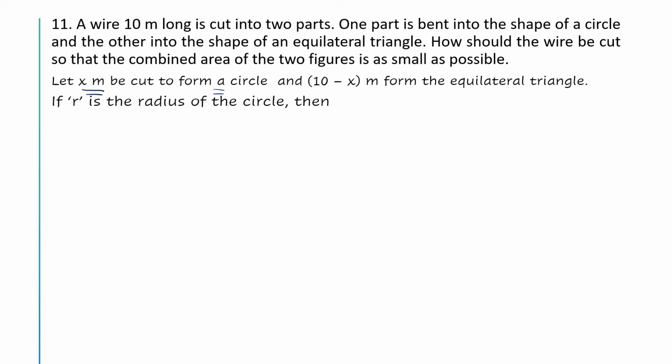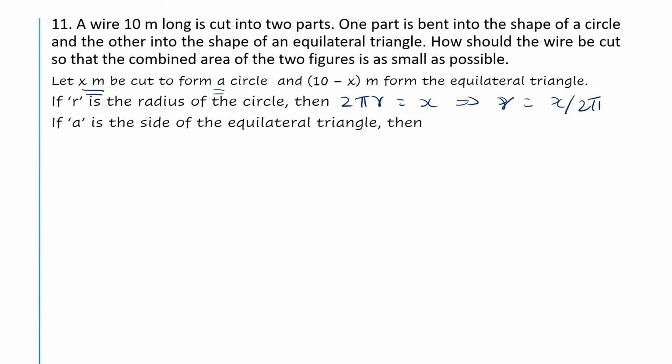So, if r is the radius of the circle, then we have 2 pi r is equal to x, or r is equal to x by 2 pi. Then we have, if A is the side of the equilateral triangle, the perimeter of the equilateral triangle is given by 3 into A. So 3A is equal to 10 minus x, or A is equal to 10 minus x by 3.